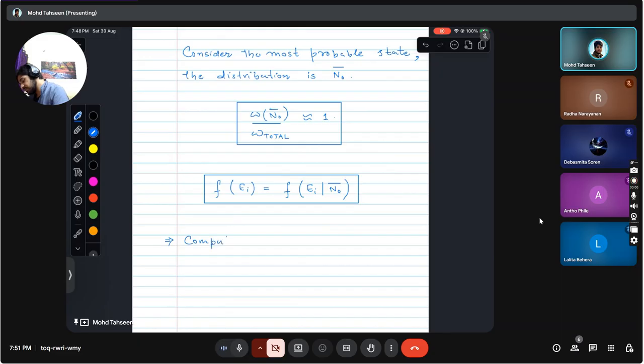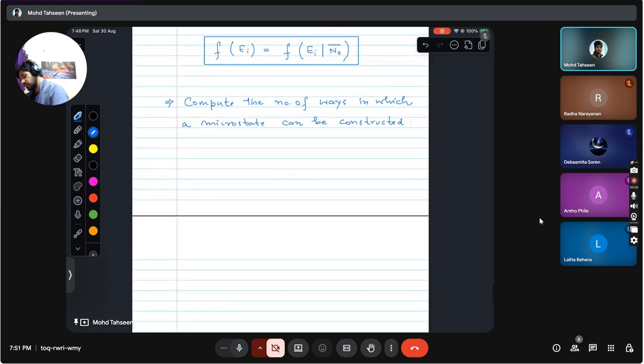Okay, compute the number of ways in which a microstate can be constructed. We still don't know what this n naught bar is. Okay, so what are the number of ways in which a particular microstate can be constructed?